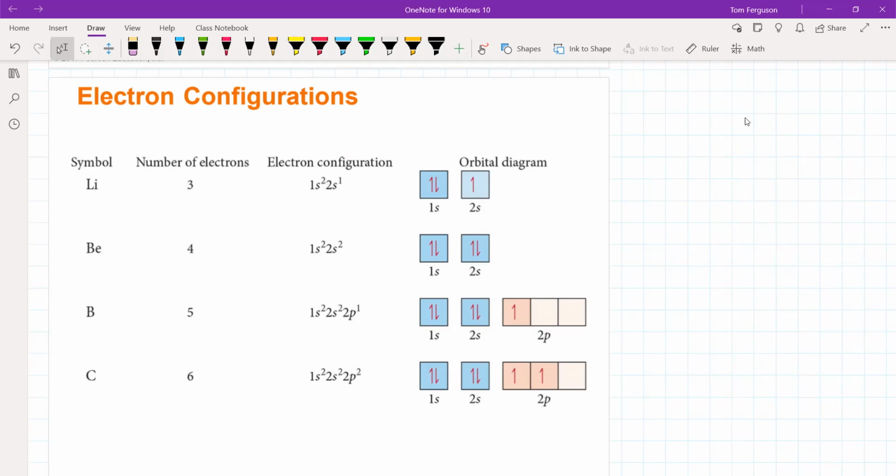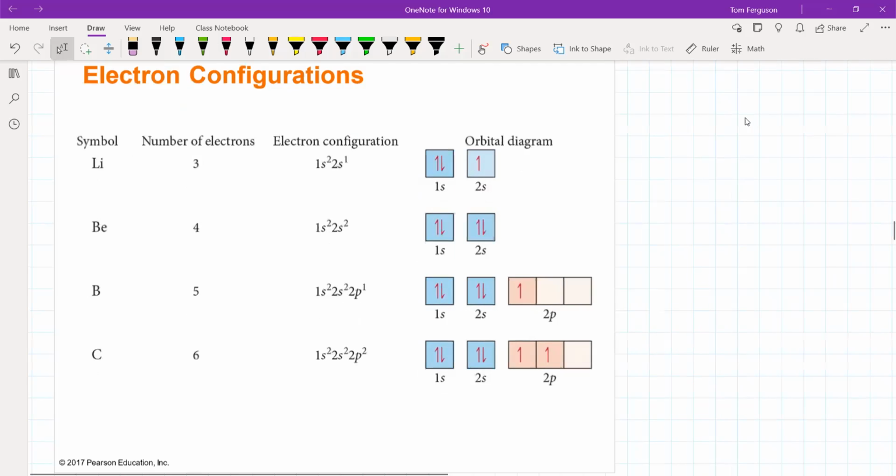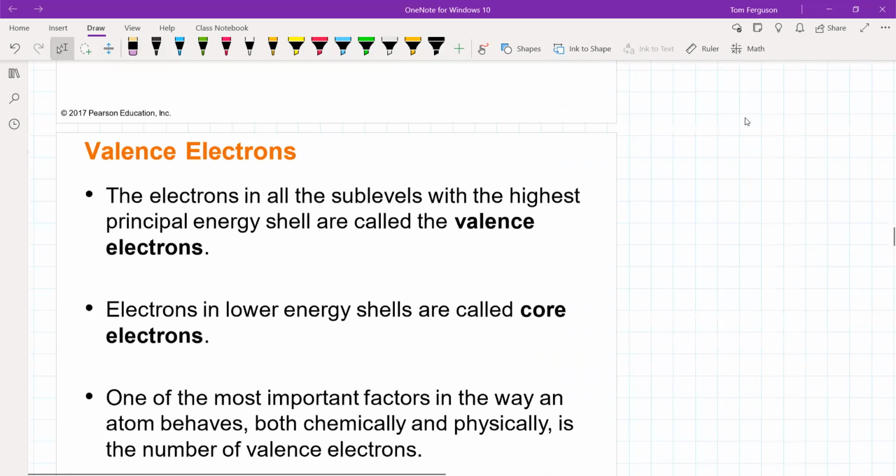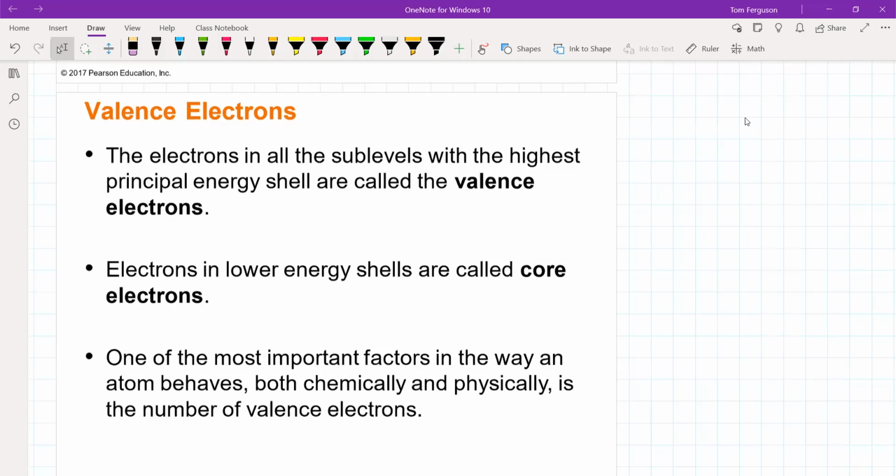So here's carbon again. We already did that one, exactly like the way we filled it out. Okay, I'm going to do some practice here in a minute.